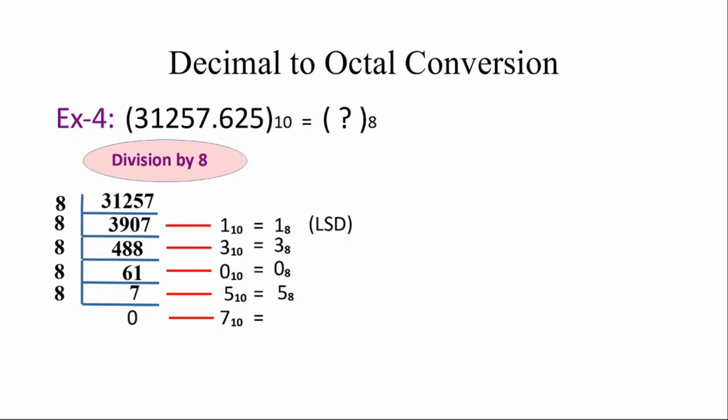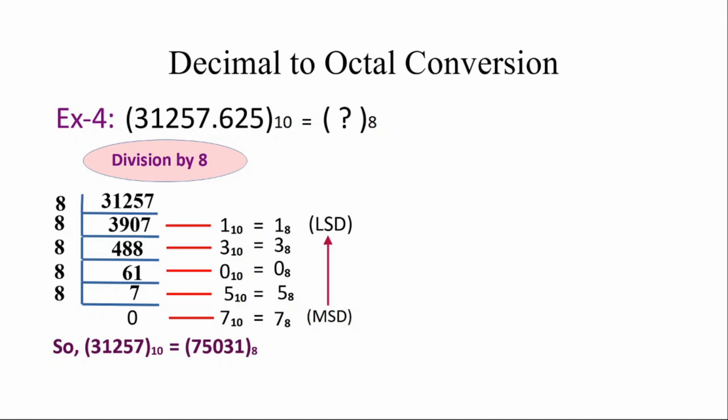This 7 in decimal system is also equal to the 7 in octal system. This 7 will be here the MSD, and now we have to read off. So 75031 is the octal equivalent of decimal number 31257.